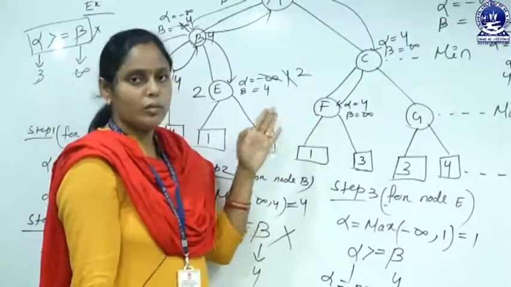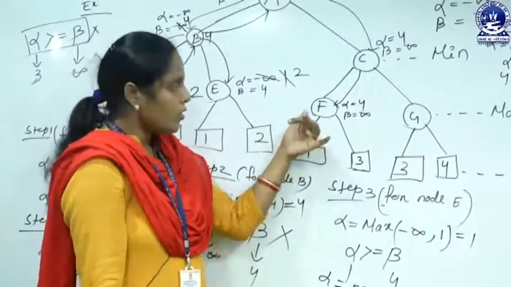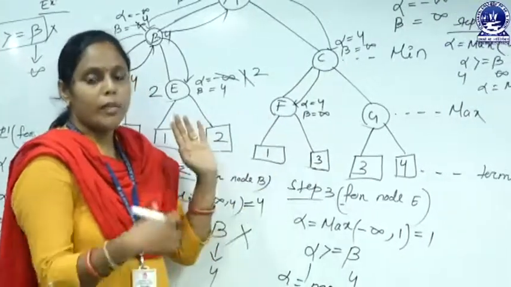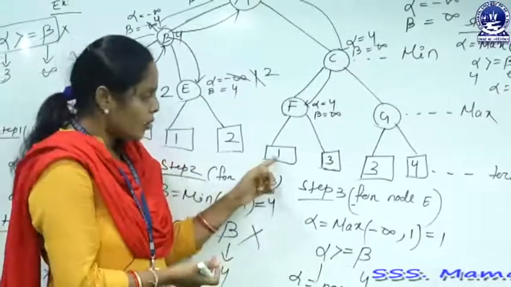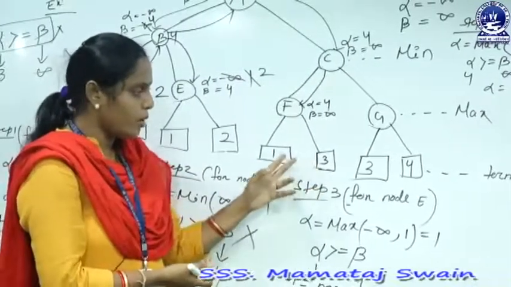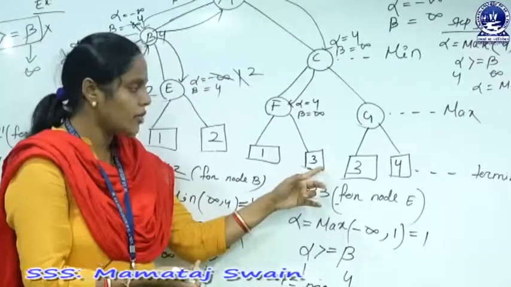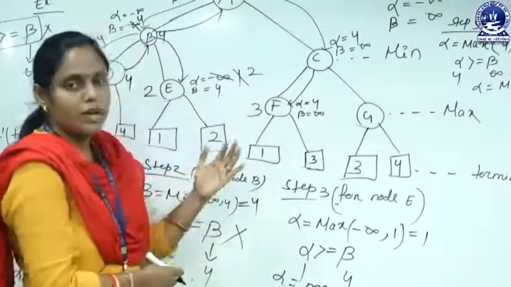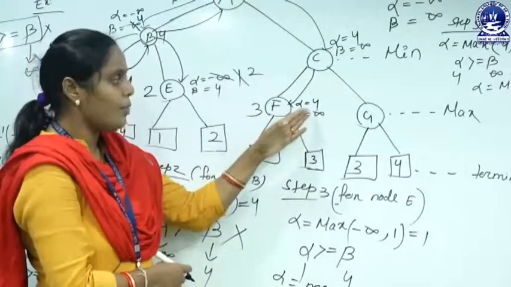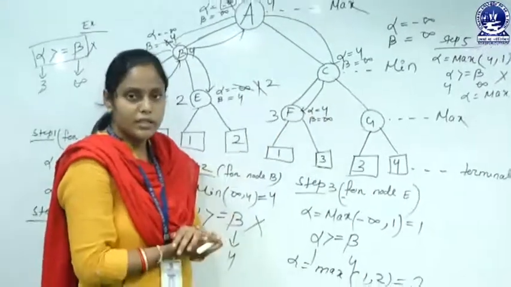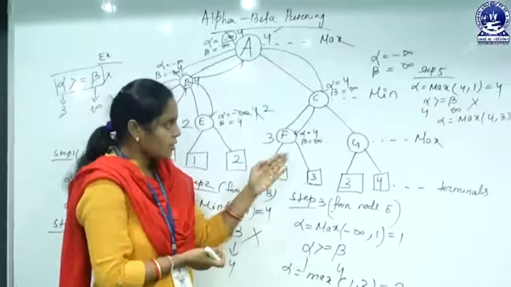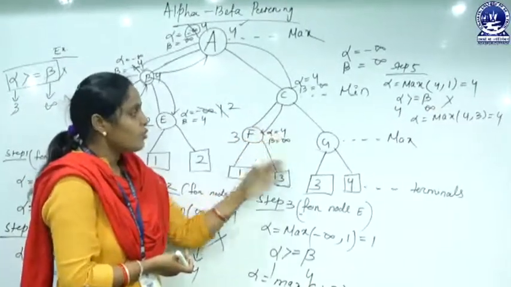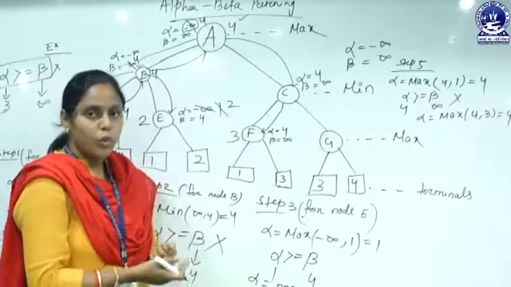But what is the node value for F? Here the node value for F is the maximum value of terminal. Look at these two values, 1 and 3. From these two values the maximum value is 3. That means for node F the utility value is 3. But here the alpha value remains the same, equal to 4, because at this node there is no larger value than 4.